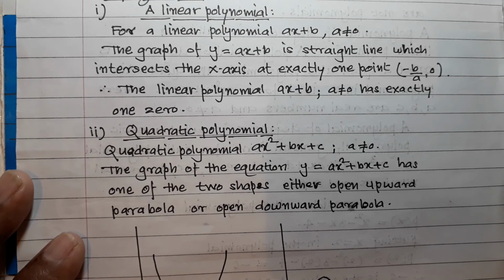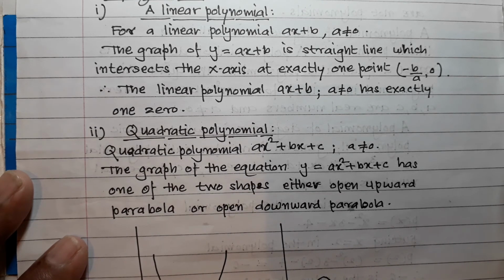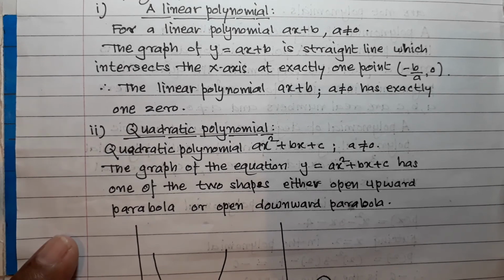So the graph of this quadratic polynomial is of these two types.